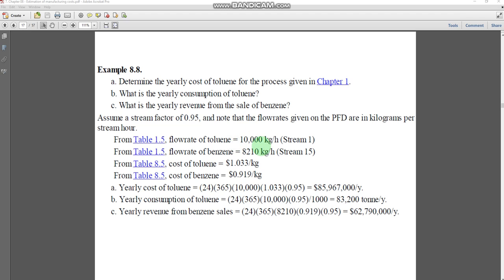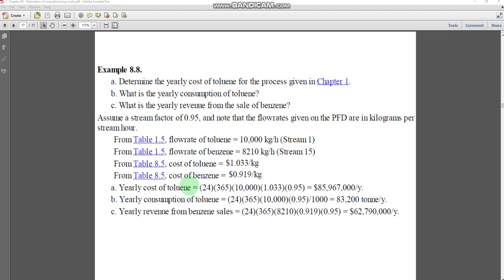So this is the information you get from the tables, and then from table 8.5 you would get the information on the cost of these chemicals. You can refer to table 8.5 where you can find a list of chemicals along with their cost. The cost of toluene is $1.033 per kg, and for benzene it is $1.919 per kg.